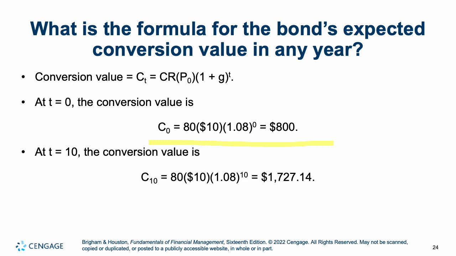At year 10, if this stock is going to actually grow at 8%, our conversion value is now well over $1,000, $1,727.14. So you would obviously want to convert it at year 10 if you had the ability to. But since it's callable, the company is probably going to call it and convert it before this happens. And we're going to take a look at that in the next few slides.